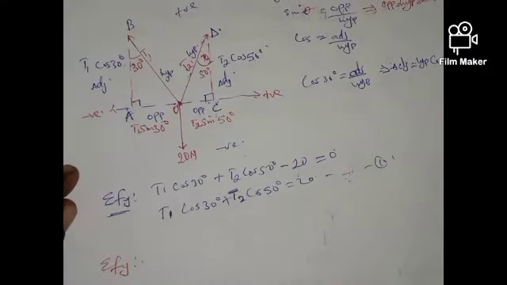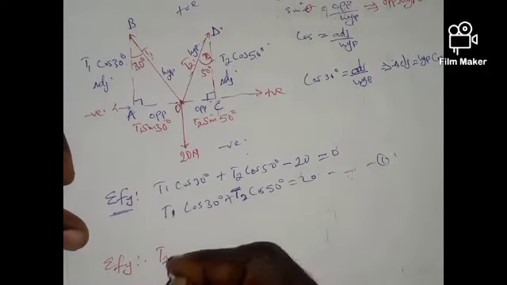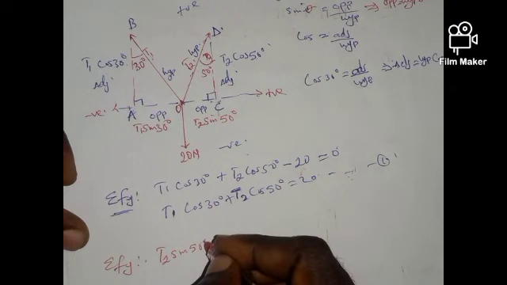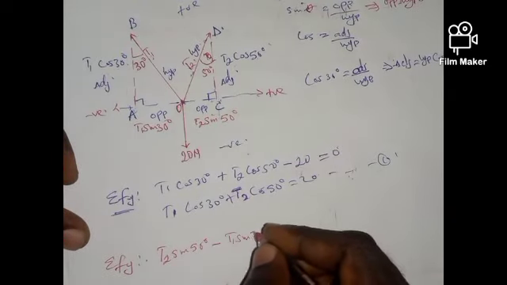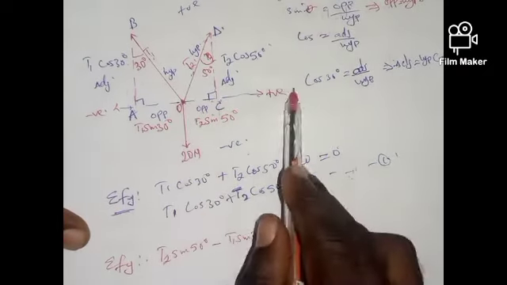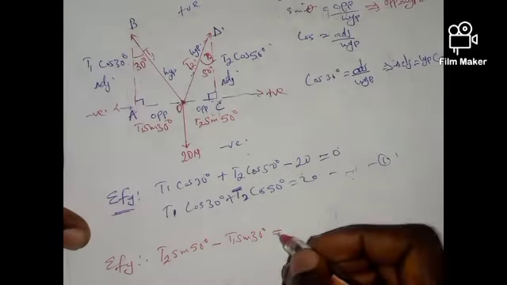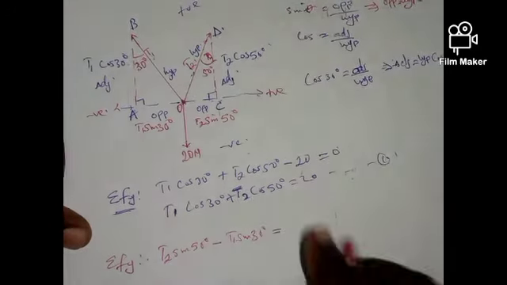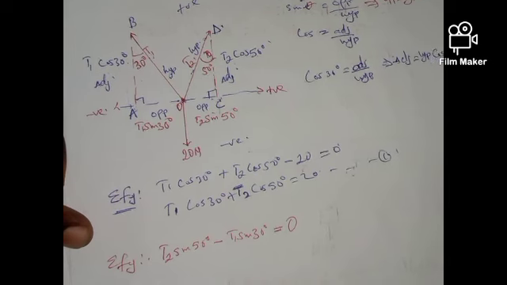Now we take this side to be positive and this side to be negative. Now let's take the sum of all the forces. T2 is positive, so T2 sine 50 degrees minus T1 sine 30 degrees equals, because these are the only forces acting in this direction and there are no other forces, and of course it's in equilibrium, the sum must be equal to 0.